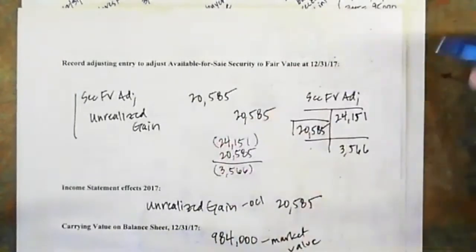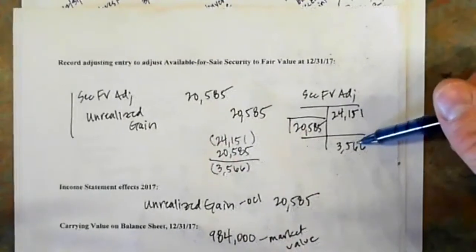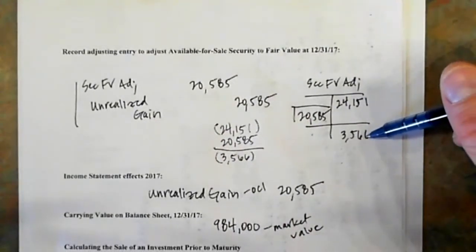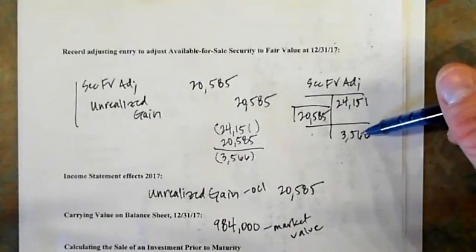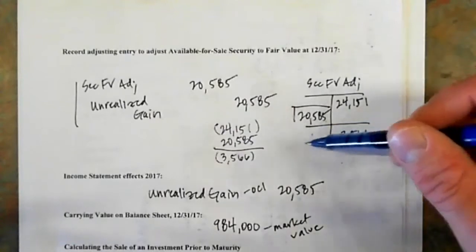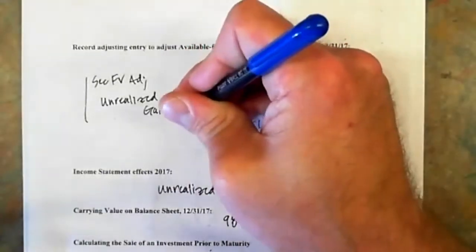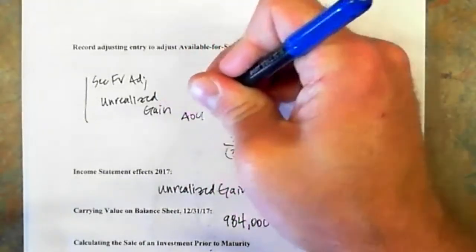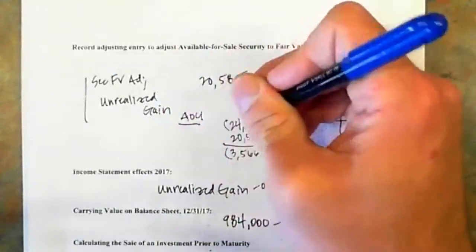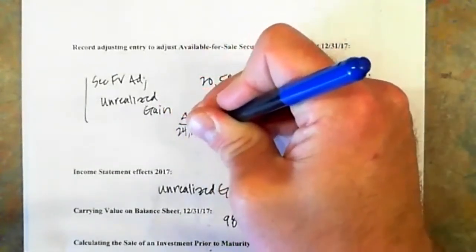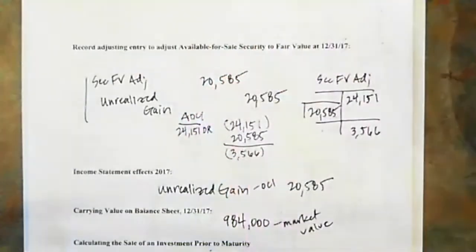Now, don't get confused. I know this is a credit balance, but whenever we're reflecting a credit here, right, then that means we have debited a loss. So when you're thinking about what these got closed out to, these all got closed out to AOCI. So this loss created a 24,151 debit balance in AOCI.